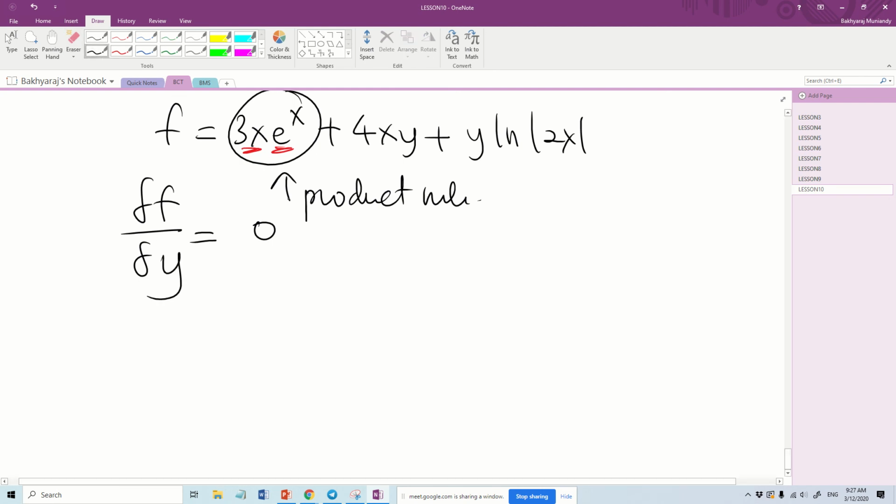So it straight away becomes 0, there is no product rule. So it becomes 0.